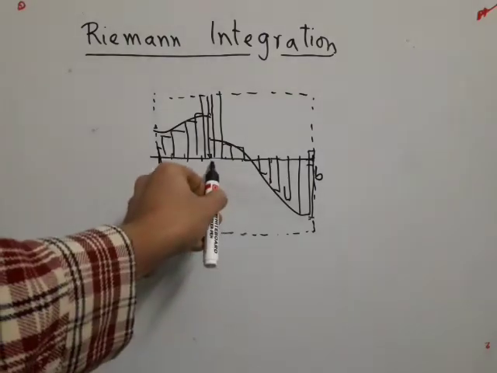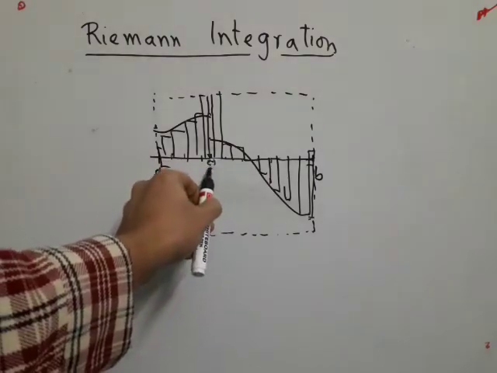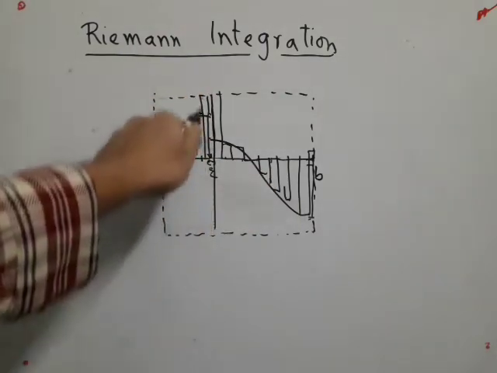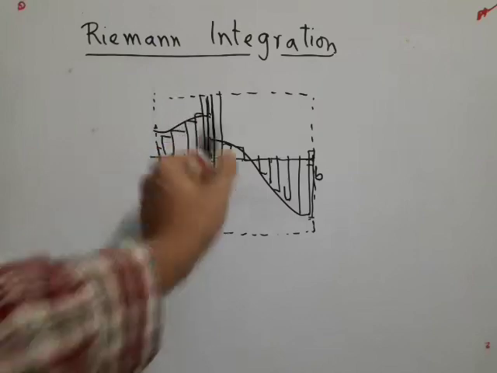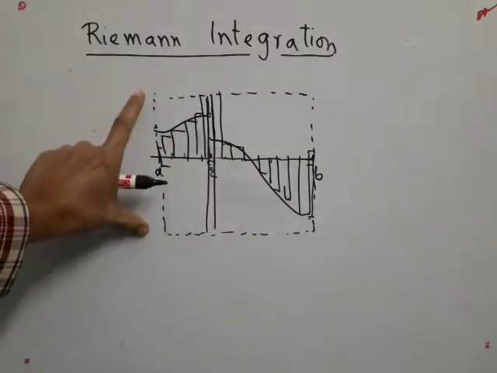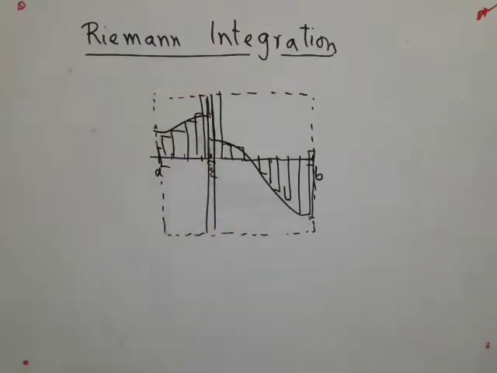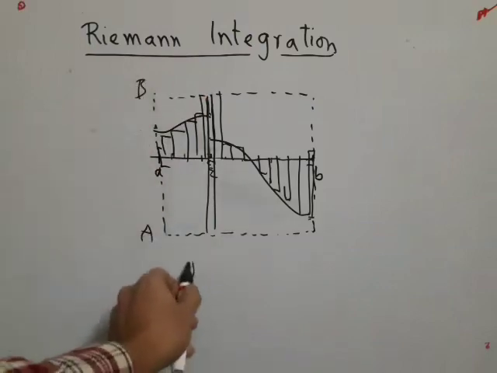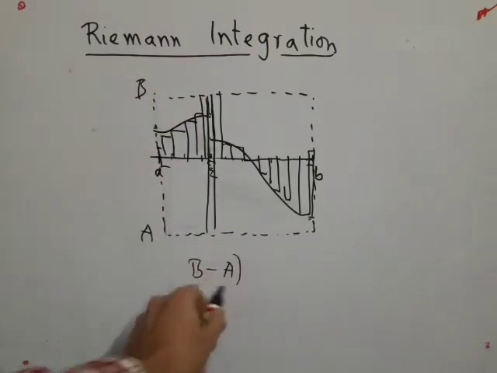But as I can make it arbitrarily small, suppose this width is epsilon, this rectangle can never have area more than epsilon times the difference between these two bounds. The maximum height is this, so this particular rectangle will have area less than, if I call this a and this b, (b minus a) times epsilon.